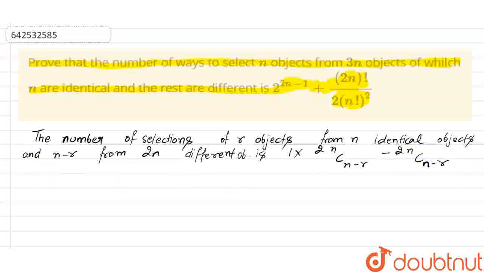So now we can write here, r varies. We know that r varies from 0 to n.